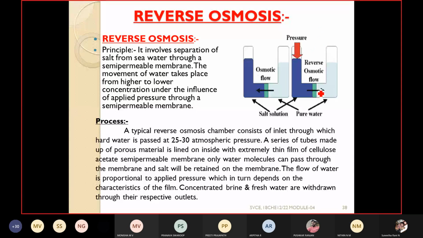Reverse osmosis is the same, from higher concentration to lower concentration only, but by applying an external pressure. This pressure is called osmotic pressure.